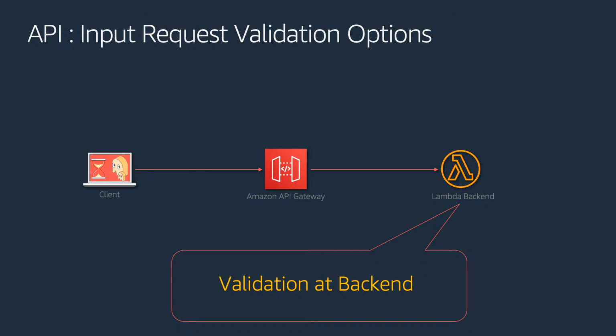You want to validate it with some other ID or some other database, then you need not just string characters, but you need a proper name. So you need some backend validation, business logic validation at the backend also. So you need to do validation at all these places, whether it is at the browser level or at the API gateway level or at the Lambda backend level.